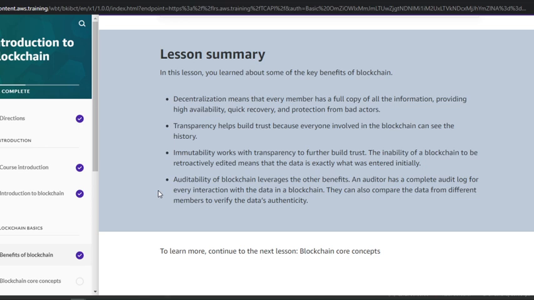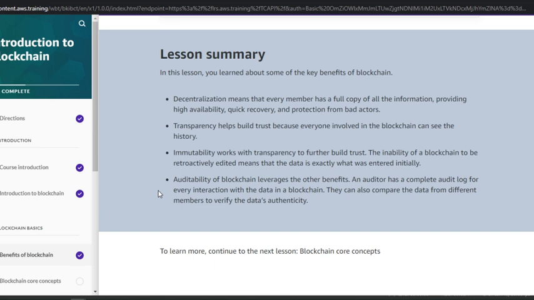Transparency helps build trust because everyone involved in the blockchain can see the history. Immutability works with transparency to further build trust. The inability of a blockchain to be retroactively edited means that the data is exactly what was entered initially.